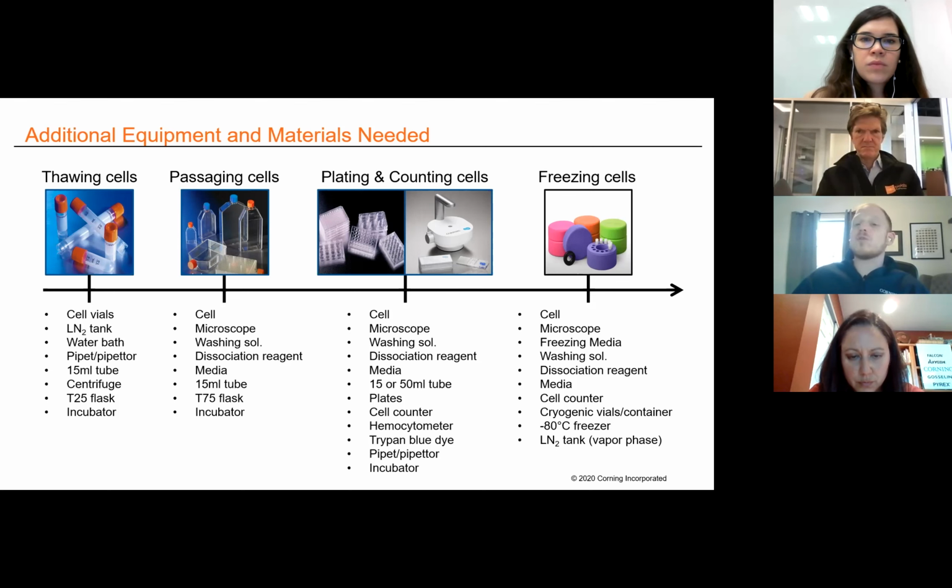But it's important to understand everything that goes into your cell culture, and this will make sense later on when we talk about routes of contamination, because beyond just the environment and the scientist or the operator, one of the other potential routes of contamination are the equipment or materials that are being utilized in your workflow.